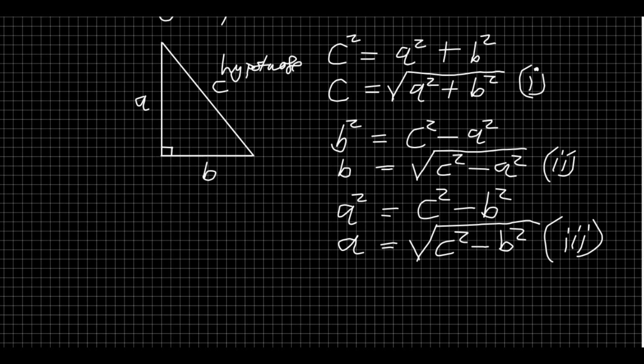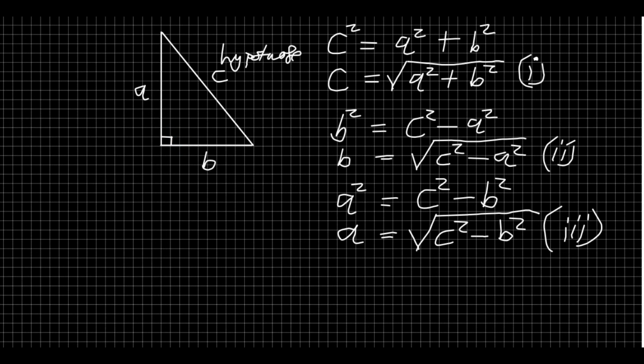That applies to triangles with a right angle, a triangle that has a 90 degree angle inside. So if you have problems involving a right-angled triangle, that's when we use the Pythagoras theorem.